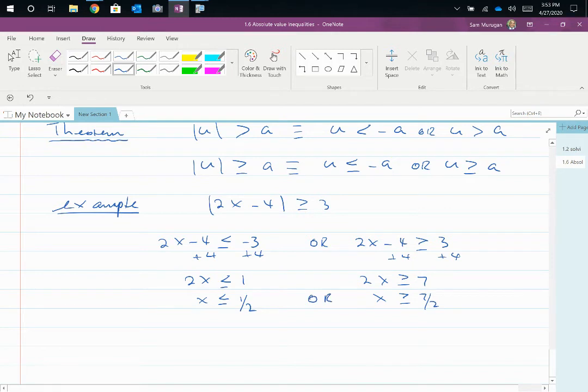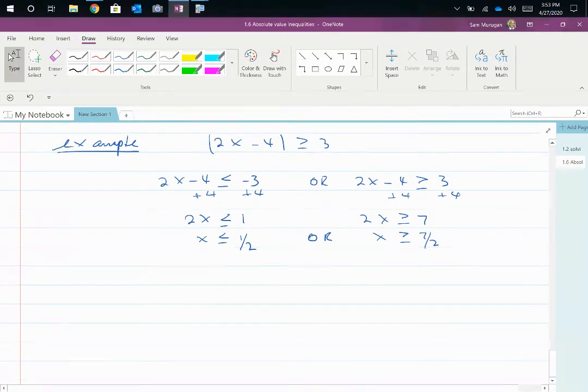So it's really important here how to write the answer for this. What you probably want to do is look at how this answer is on a number line, negative infinity to positive infinity.